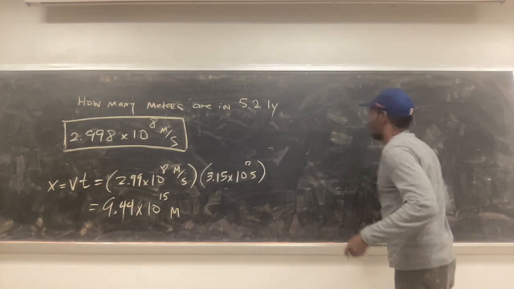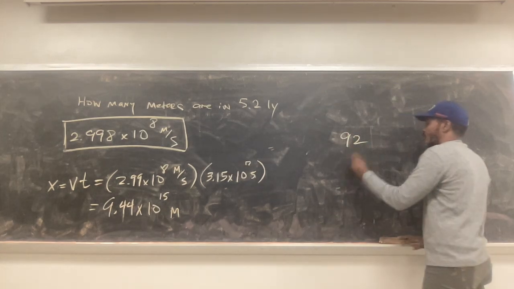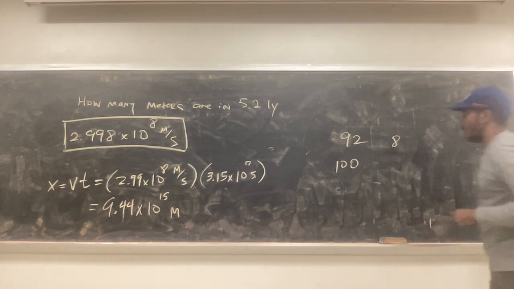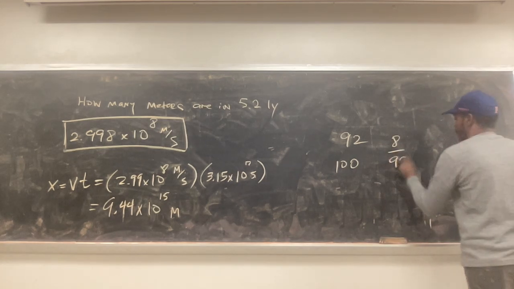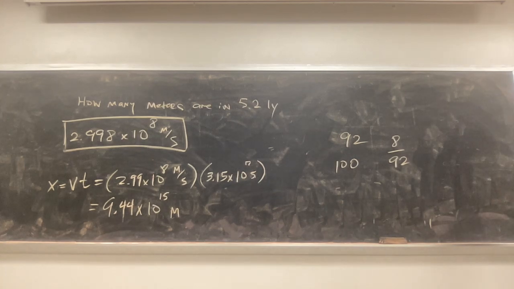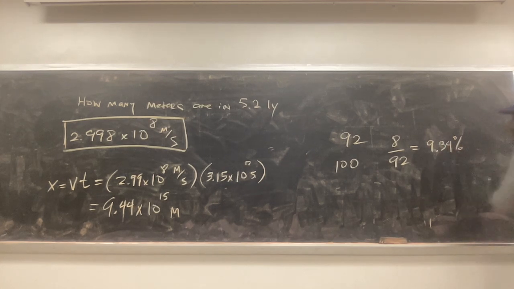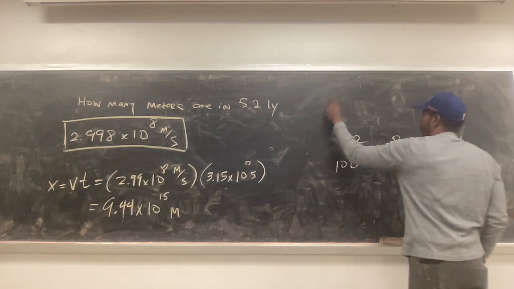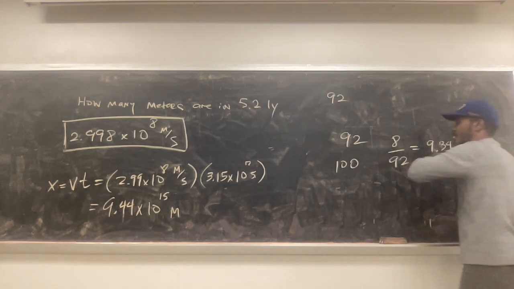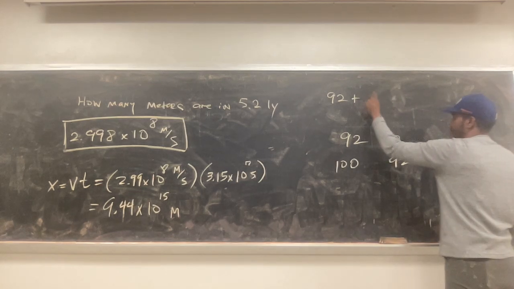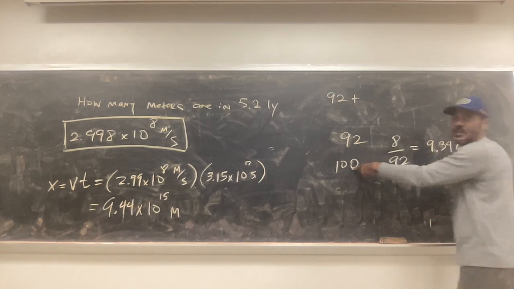I remember one of them was 92 and one of them was 100, and the difference is 8. And 8 divided by 92 was 9.34%. So that means it has to be 92. So 92 plus 8% of 92 should give me 100.